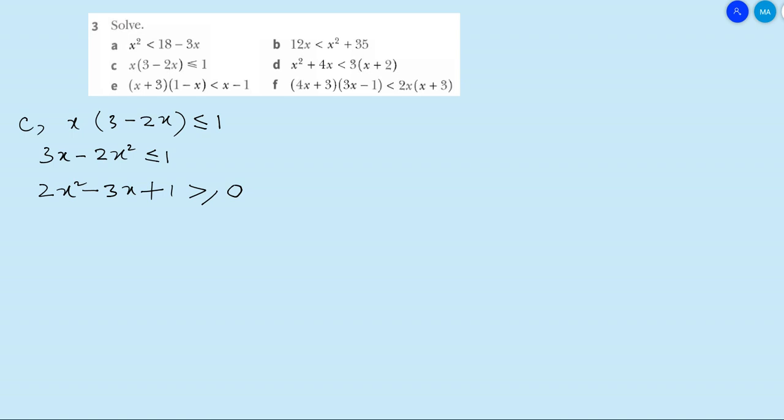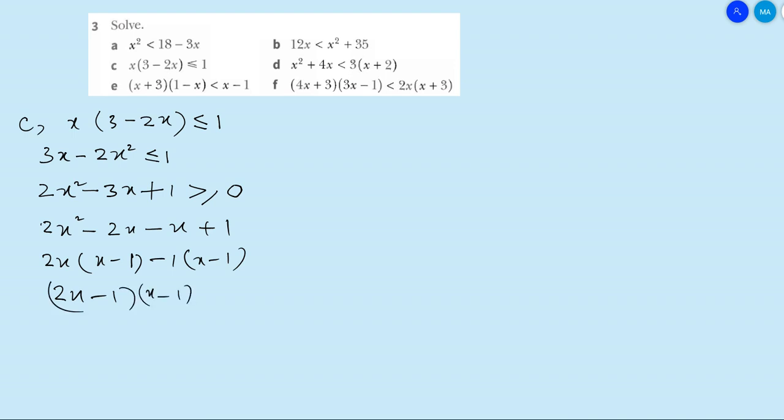Now it is time for factorization. 1 2 are 2, 2 plus 1 is 3. So 2x square minus 2x minus x plus 1. Taking 2x common, x minus 1. Taking minus 1 common, x minus 1. This implies 2x minus 1 and x minus 1.